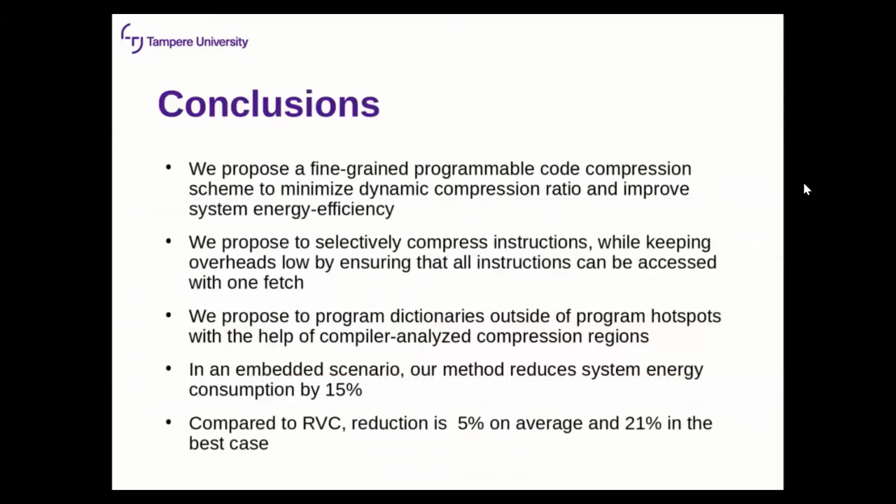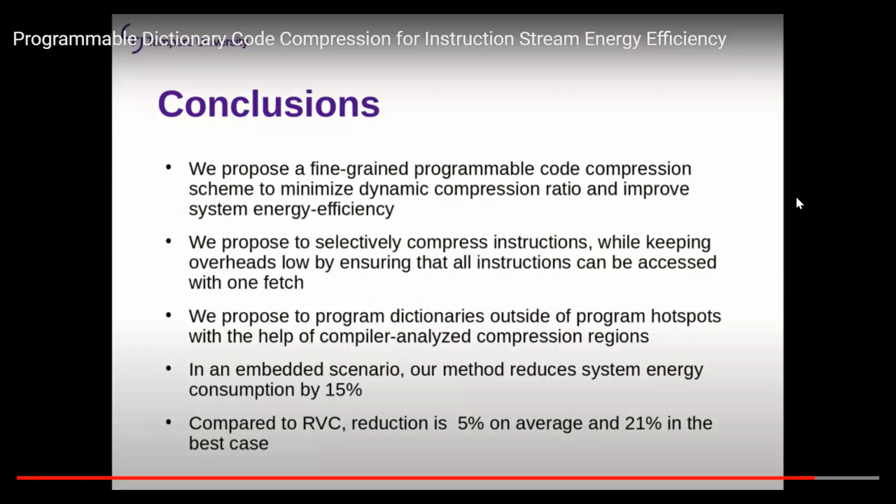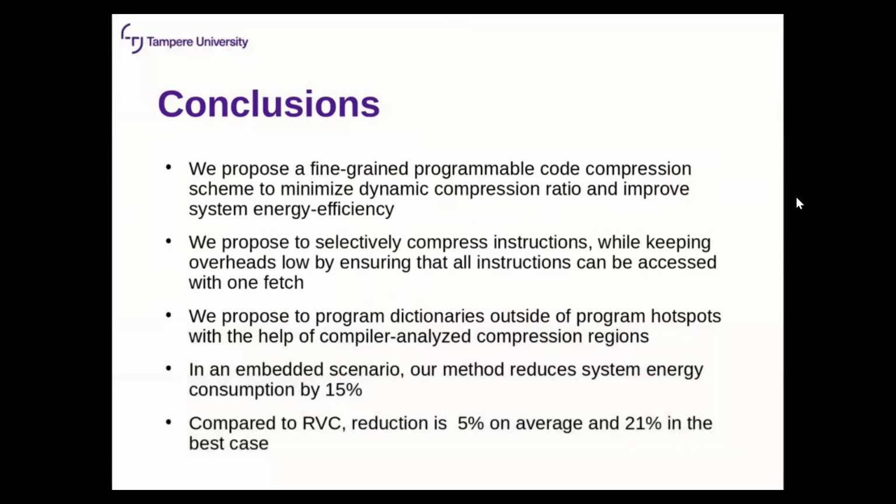We have proposed a programmable code compression scheme to minimize the dynamic compression ratio and improve system energy efficiency. Our proposal is to selectively compress instructions while keeping the overheads low, fetching each instruction with only one fetch.